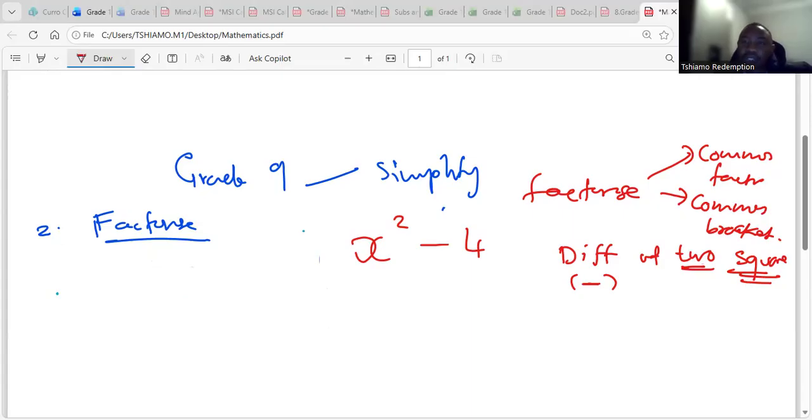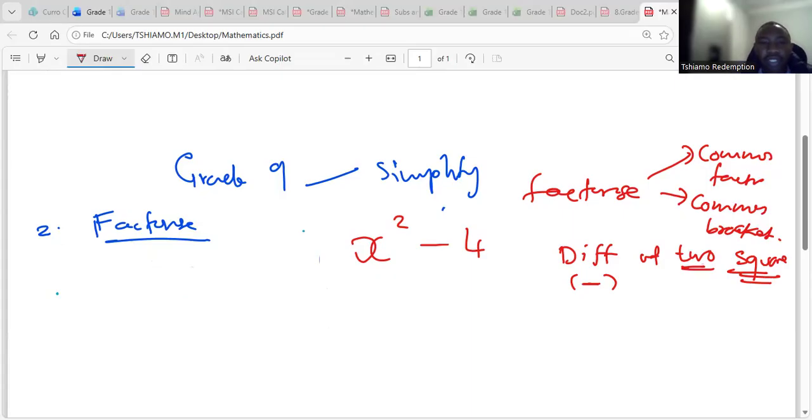Squares are perfect squares, numbers that we can find the square root of, or anything that has an exponent that is a multiple of 2 becomes a square.